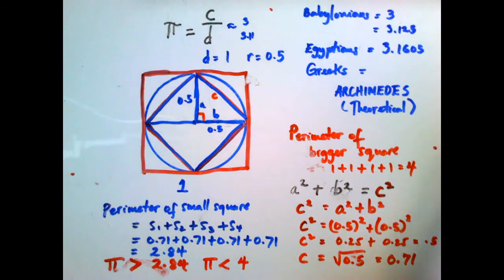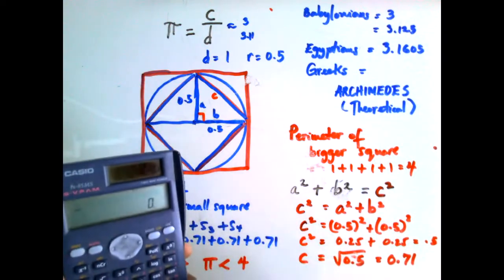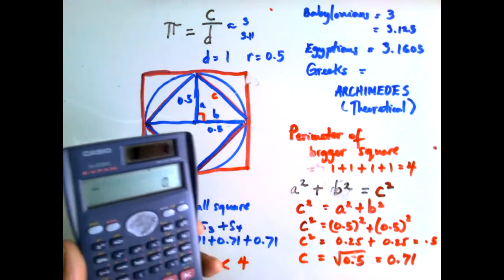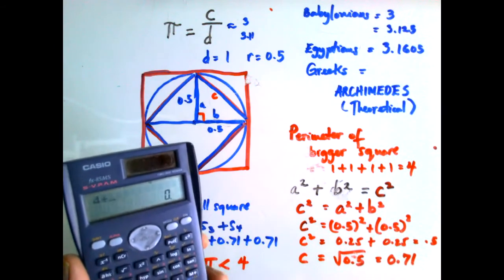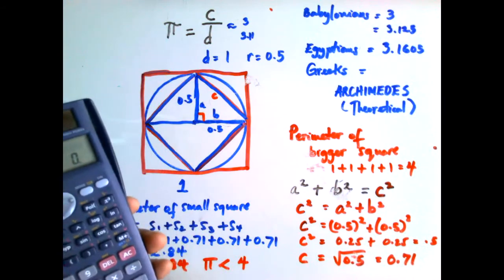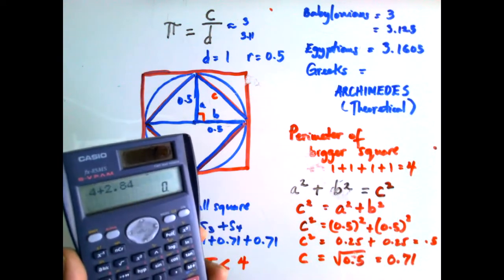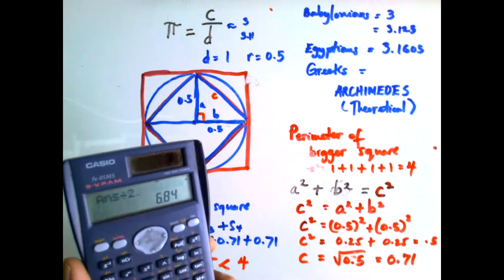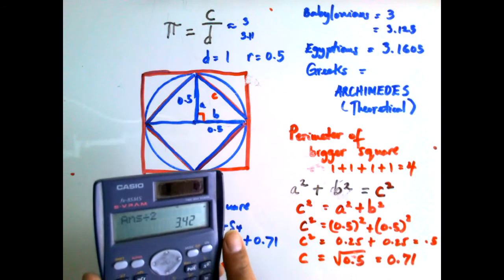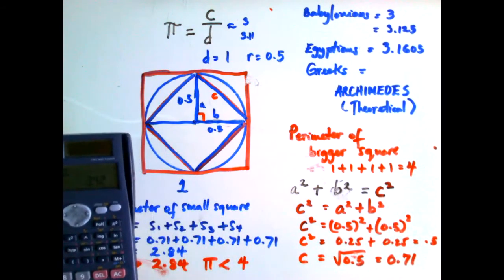If you calculate the average, 4 plus 2.84, the average of the two values divided by 2, we have a value of 3.42. Now, that's not very accurate, isn't it?